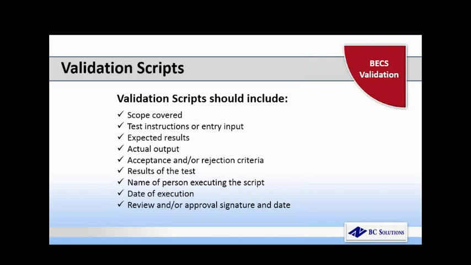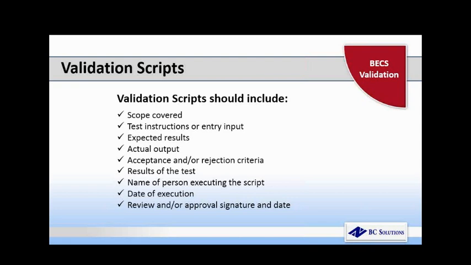However, there are certain items that should be included in each validation script, your validation test cases that you perform. And these items are listed here: the scope covered. That means you should have a section where you're describing the functionality or the requirements that you're verifying in the script.